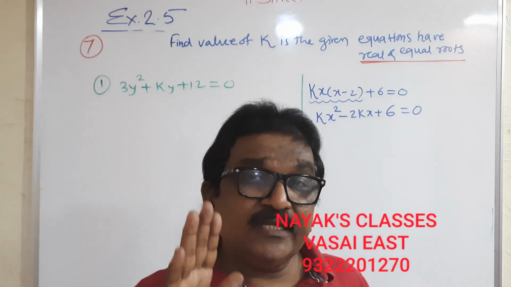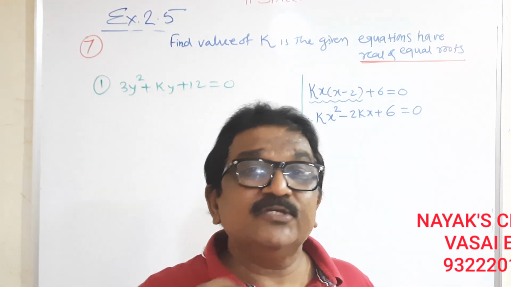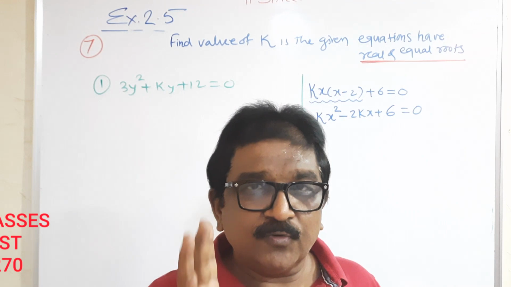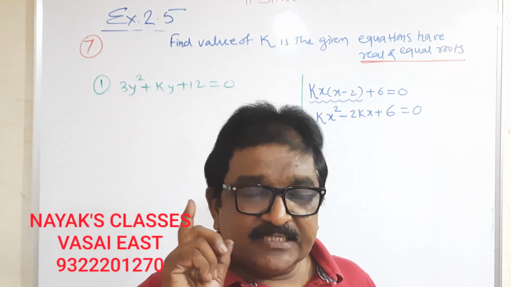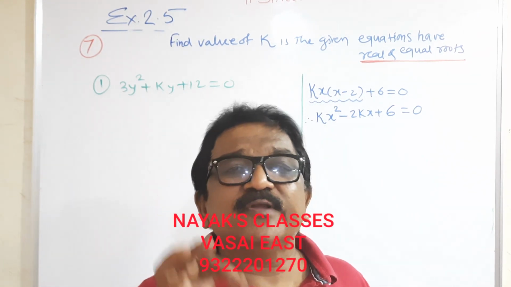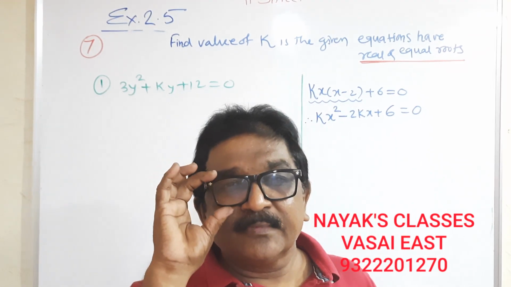When the roots are real and equal, delta is equal to 0. Discriminant is equal to 0. B square minus 4ac is equal to 0.